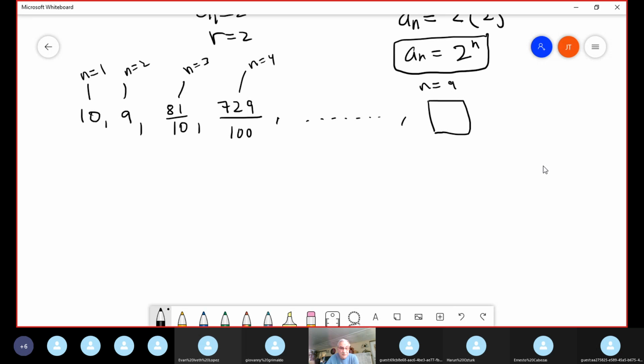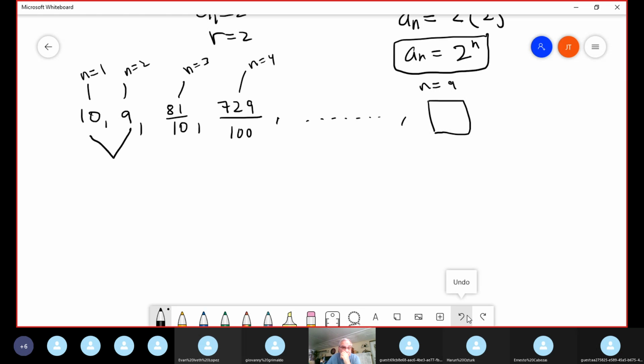So the formula is A sub n is equal to A1, which is 10, times R to the n minus 1. First, I want to examine whether the sequence is geometric or not.